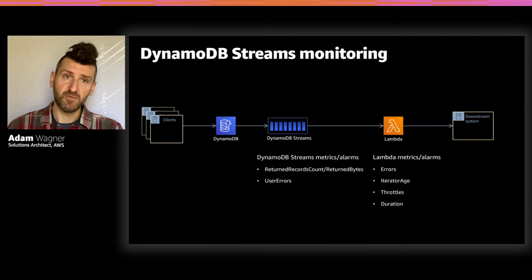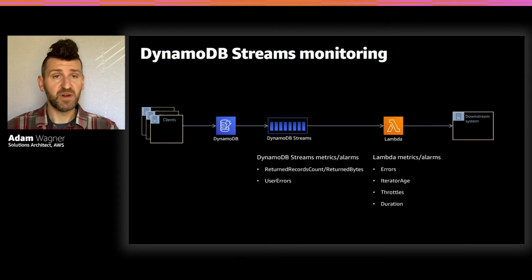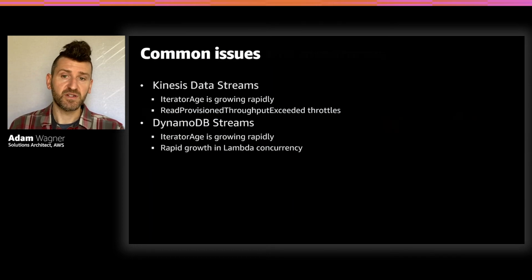You can't do that with DynamoDB Streams, so important to alarm on iterator age for sure. I didn't put metrics for the DynamoDB table itself, but certainly writes on the DynamoDB table translate into records on the DynamoDB stream. So monitoring how many writes, again, it's sort of like a leading indicator to how busy your Lambda function is going to be.